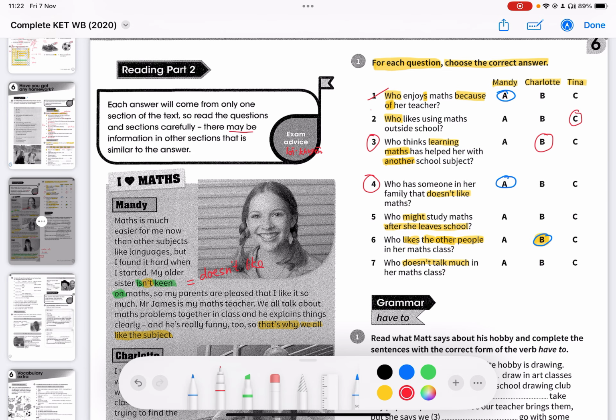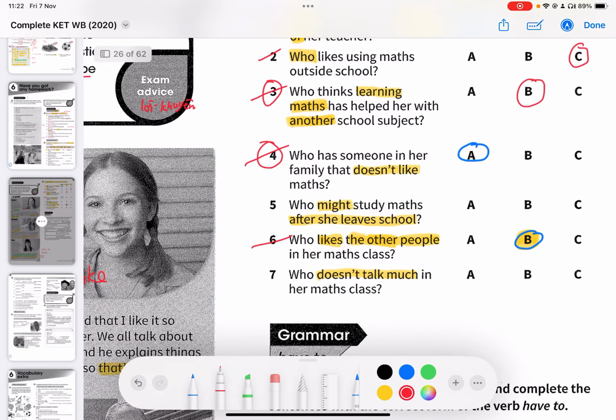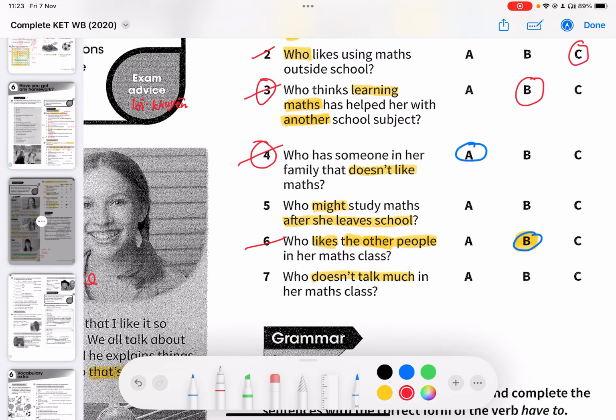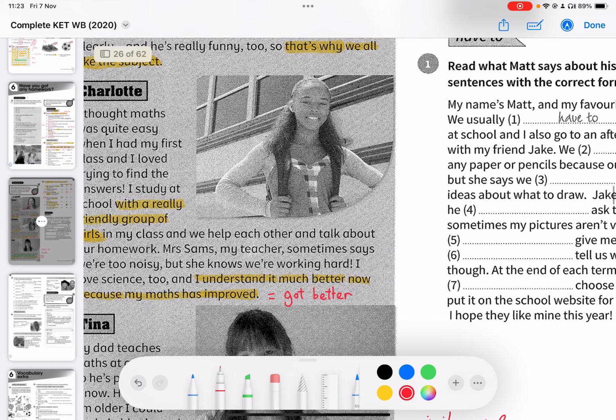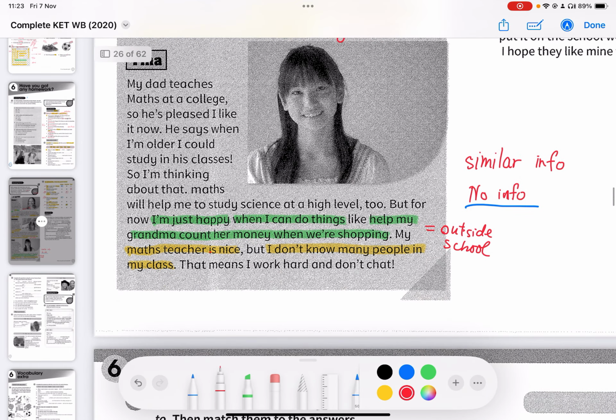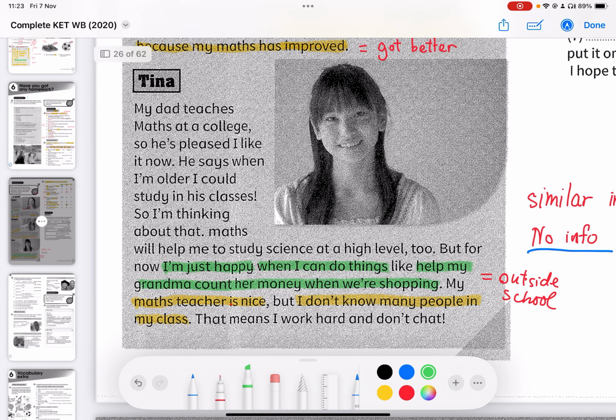All right, what else we haven't done? Number 5 and number 7. Let's do number 5. Who might study maths after she leaves school? Bạn nào có thể là sẽ học môn toán sau khi bạn ấy tốt nghiệp cấp 3. Yes, you're right. That's Tina. But how do we know? Làm sao các bạn biết? So, my dad teaches maths at a college. College, trường đại học.